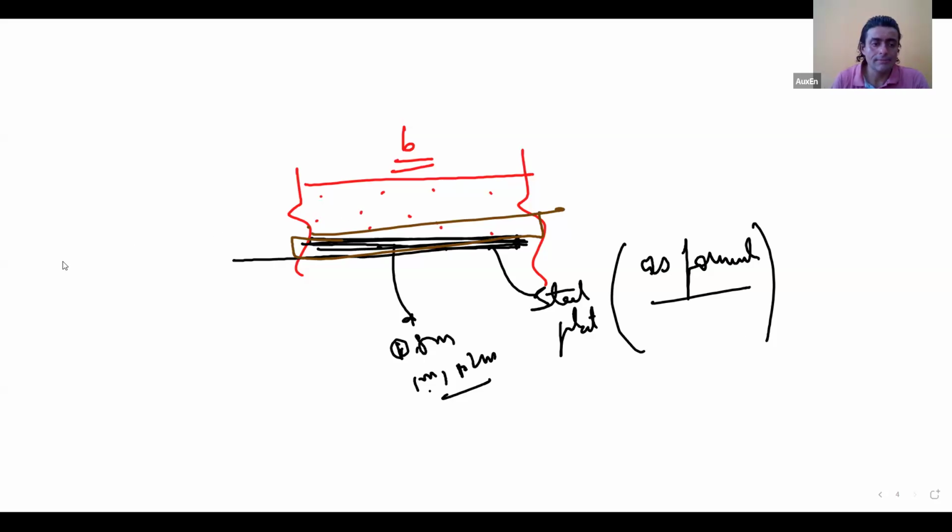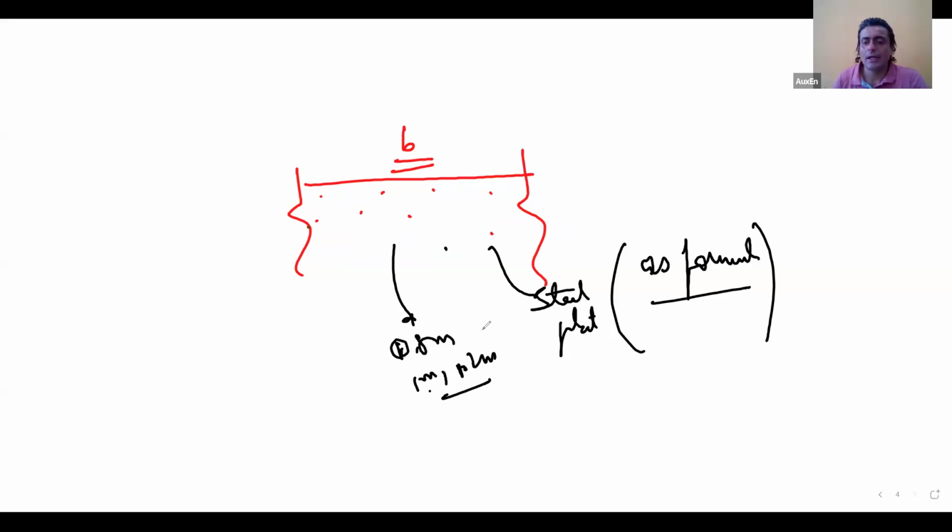So instead of using this type of a plate, if I wanted to enhance the moment carrying capacity, what could I do? Any ideas? If I wanted to use a steel plate, I did not want to use a thin one, did not want to use a thick steel plate, but still I wanted to enhance the moment carrying capacity of that steel plate. What is my good option?